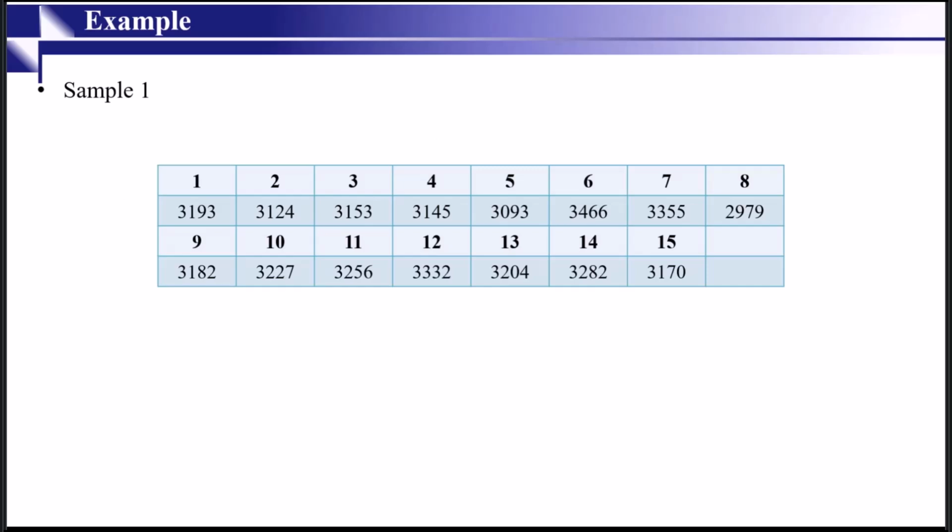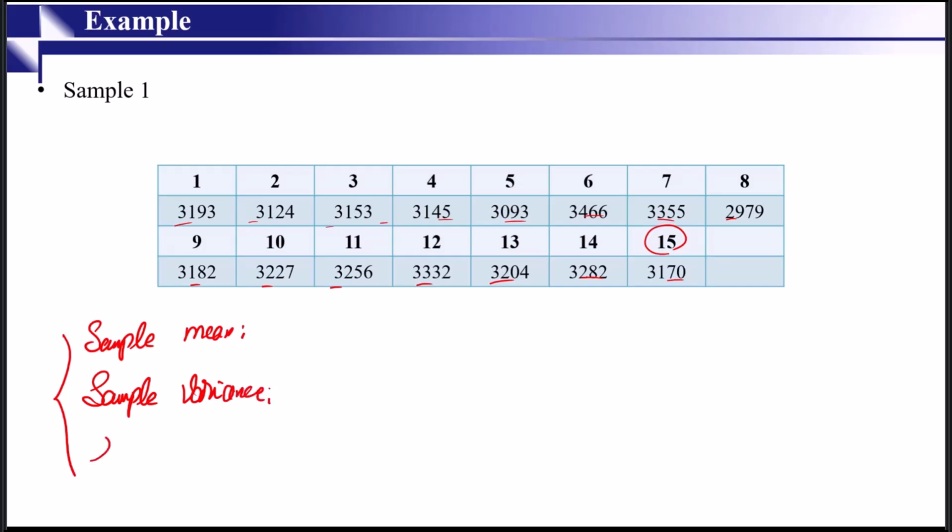So here we have an example with real data. We have a data set with 15 observations. Now we want to find the sample mean, sample variance, and sample standard deviation. To do that, I'm going to use Excel. Excel is easy. Based on the equations that we had, we are interested in the sample mean, the sample variance, and the sample standard deviation.